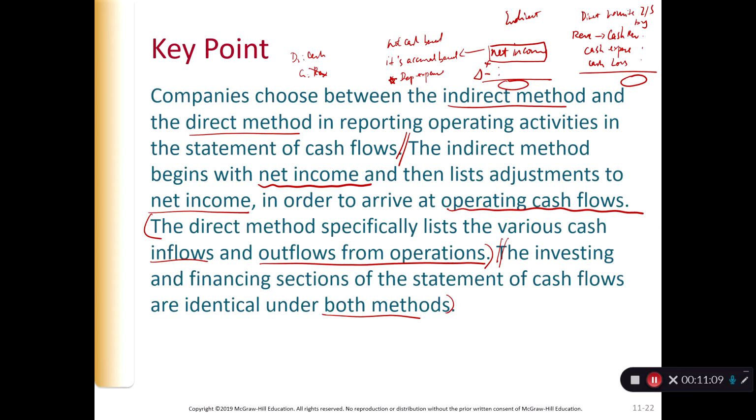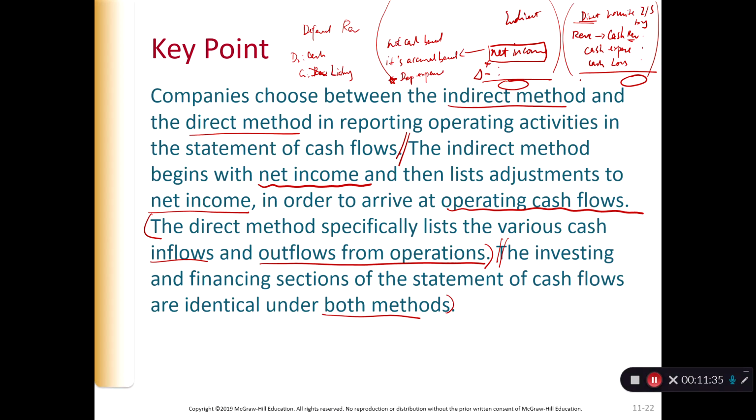We actually increase a liability, the deferred revenue transaction. In this case, the indirect method does not record this as part of net income, but the direct method will consider the deferred revenue as cash received as revenue. So this is the difference between the indirect and direct method.